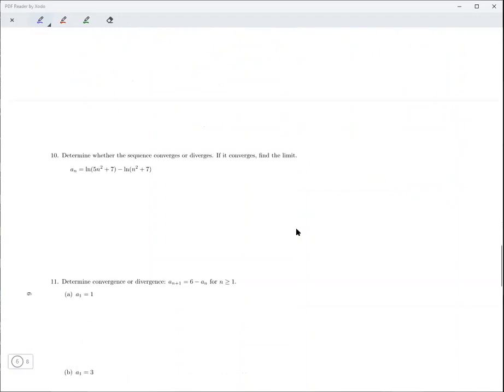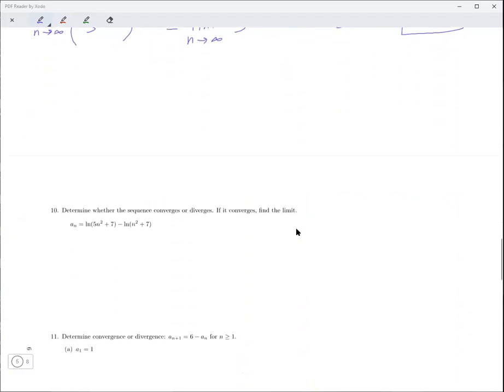Okay, number 10. Do you remember what happens if we have the difference of 2 logarithms?